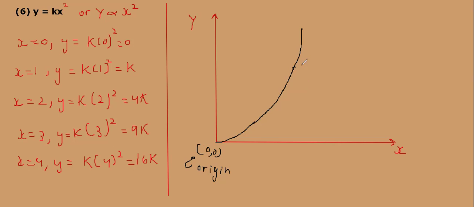Very sharp increase has been observed, very quick increase in that case. This sort of graph we say is a parabolic graph. This is the nature of the y equal to kx square equation of line, plotted between the y-axis and x-axis. So this is the idea.